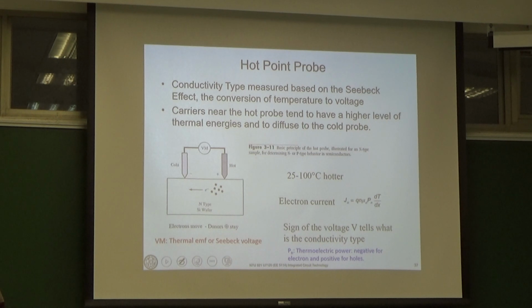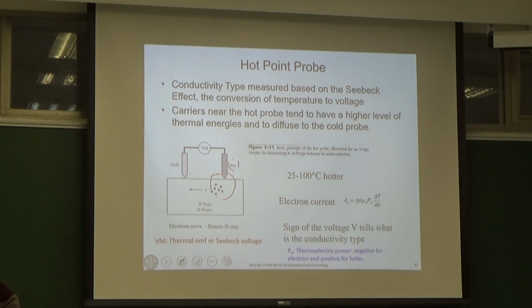The picture shown here is the hot probe method. We have two probes, and we have a voltage meter between these two probes, and we can heat up one of the probes. For example, we heat up this probe and touch the wafer, so this area will have a higher temperature.